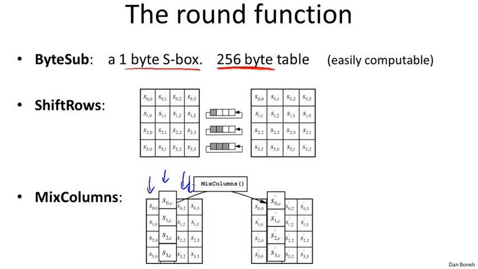Now I should point out that shift rows and mix columns are very easy to implement in code, and the byte substitution itself is also easily computable, so you can write code that takes less than 256 bytes, and shrink the description of AES by storing code that computes the table rather than hardwiring the table into your implementation.